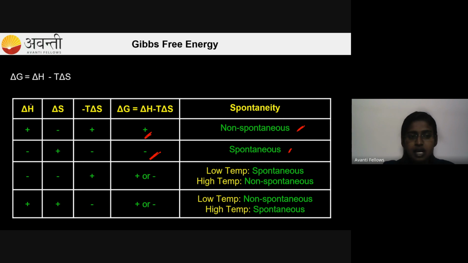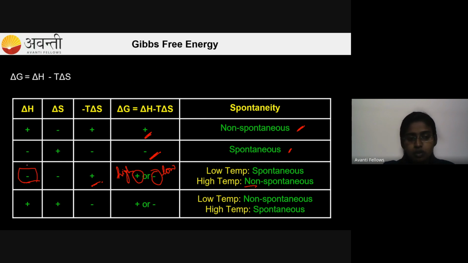If delta H is negative, and if T delta S is positive, then at a high temperature delta G is positive and it is non-spontaneous. And at low temperature, it is spontaneous, meaning only at low temperature is delta G negative. At high temperature, delta G is positive if delta H is negative over here.